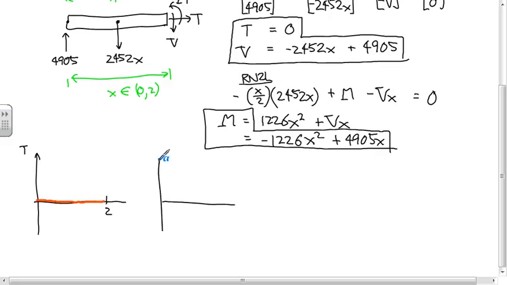Then the shear force, when x is equal to 0, we have a shear force of positive 4905, and that value gets smaller linearly until, when x is equal to 2, the shear force is 0. So you just have a linear function like that, where this is 4905.